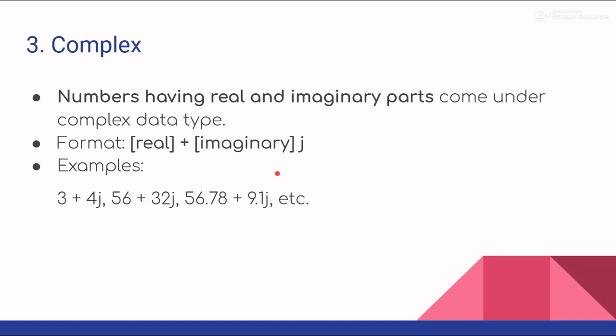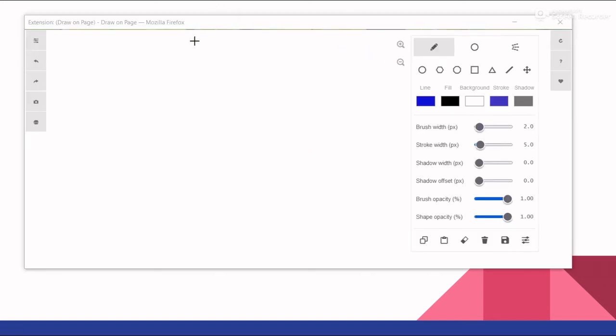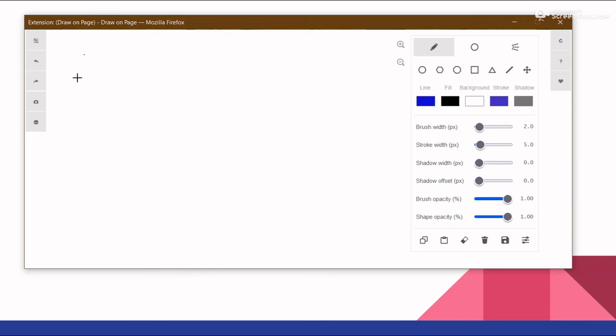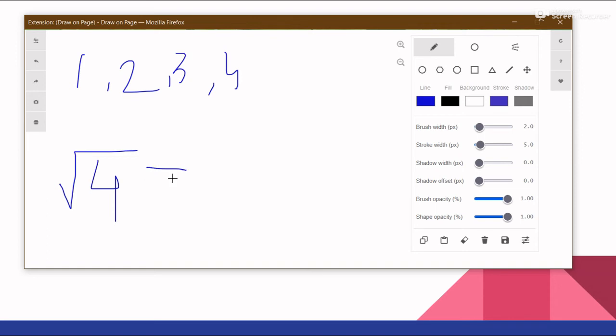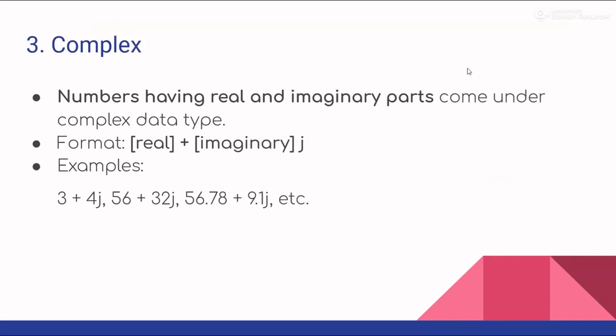Now let's understand complex numbers in short. So in basic maths, you at least have studied numbers, right? For example, 1, 2, 3, 4. Let's say we have to calculate the square root of 4. It's very easy, right? We can just say 2. Now this is simple, but what if we do something like this?